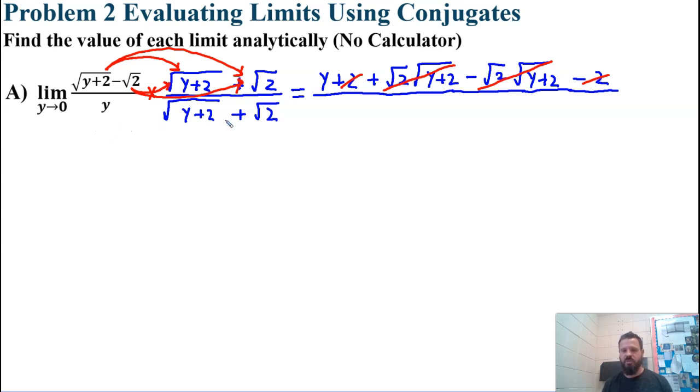I could distribute through, but typically what you're going to look to do is reduce the conjugates by having positives and negatives cancel out, and then just leave the other part of the fraction, whether it's numerator or denominator, in factored form. So I'm just going to write that as y times parentheses root y plus 2 plus root 2 in parentheses here.